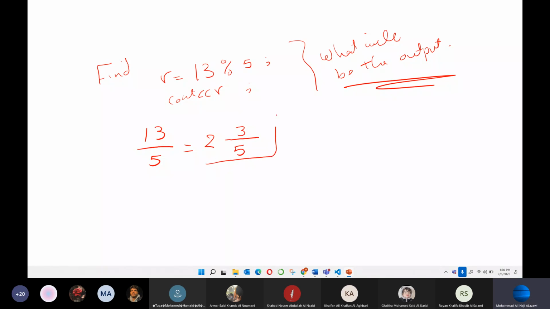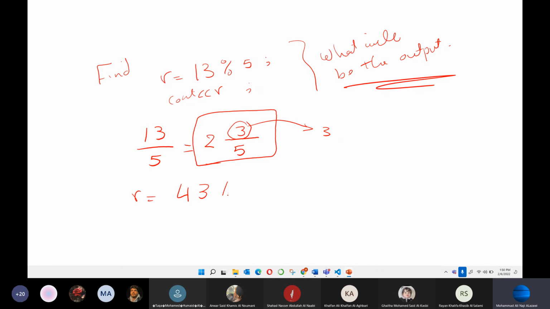And if you remember from school, how do you usually convert this to this format? So 5 times 2 plus 3, that means 13. Now the result will be 3.